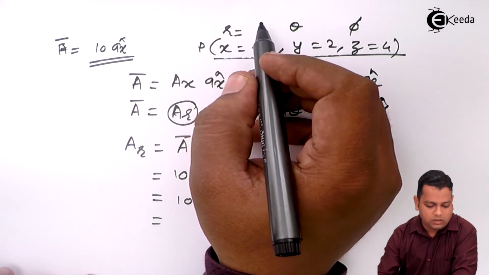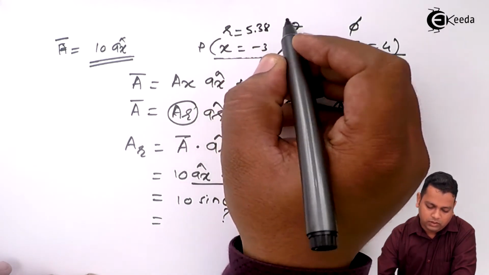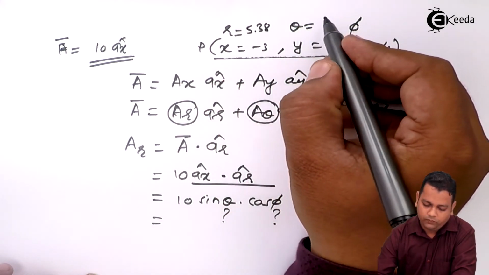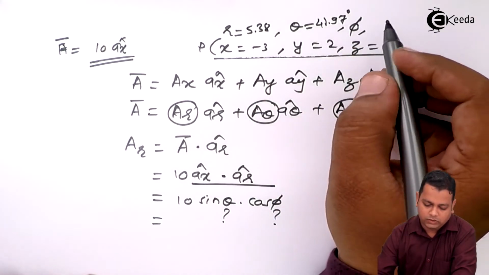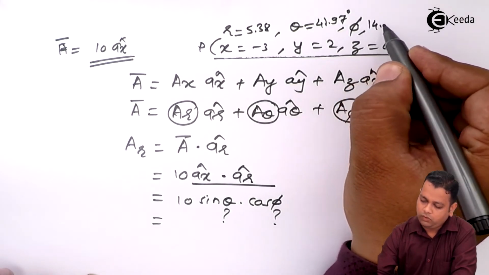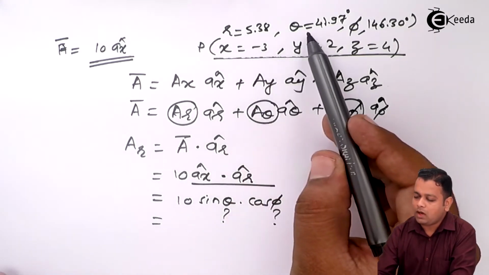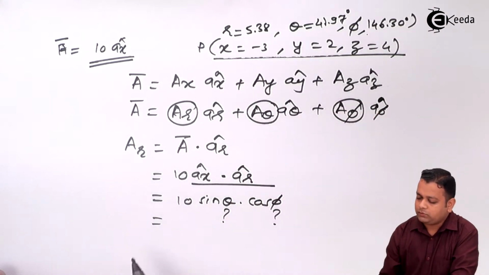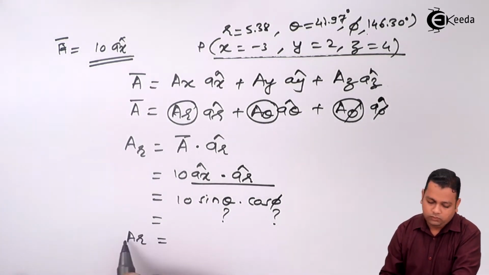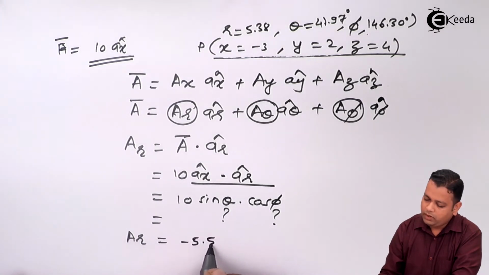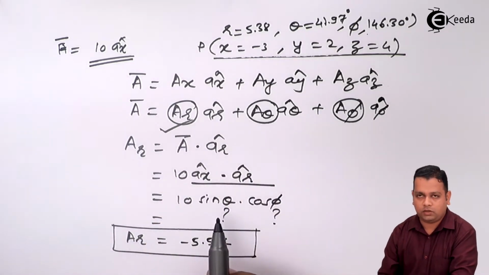So we have found it to be equal to 5.38, theta is equal to 41.97 degrees and phi is equal to 146.30 degrees. So substituting the values of r, theta and phi as per the requirements, we further get ar is equal to minus 5.57. So one coefficient we are successful to determine.